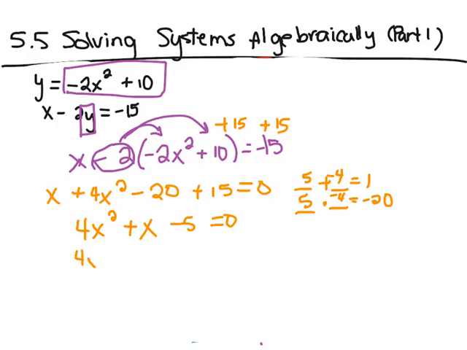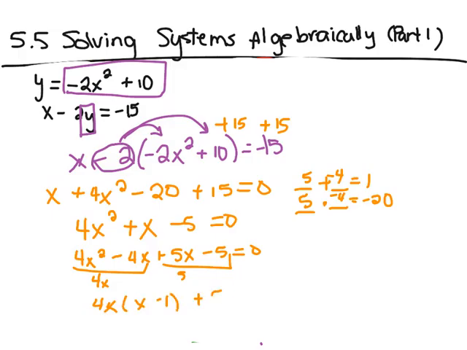So we have 4x squared plus 4x minus 4x... plus 5x minus 5 equals 0. Split it into two groups. So we have 4x(x minus 1) plus 5(x minus 1). So our factored terms are 4x plus 5 and x minus 1.